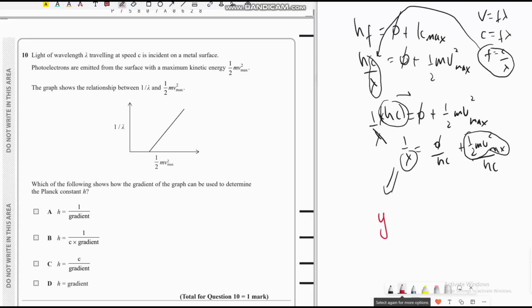If y equals 1 over lambda, I can write 1 over hc into half m v squared max plus phi over hc.